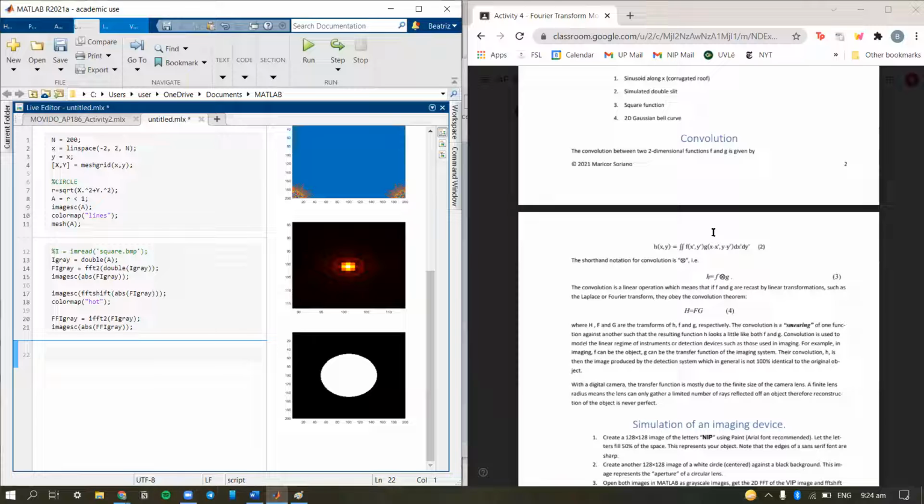And essentially, this is a model of how any linear instrument works. When you have a measuring device and you measure something, what you actually measure is not exactly what the object really was, no? There's a bit of distortion due to the instrument's transfer function. Transfer function, remember 183? Okay?